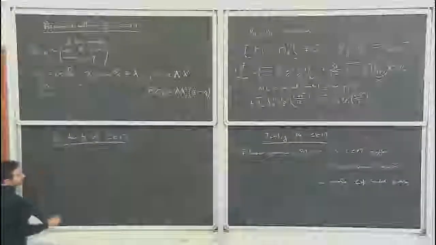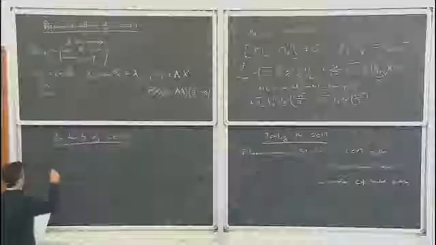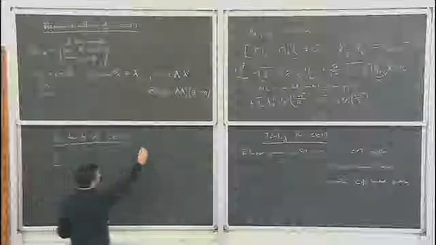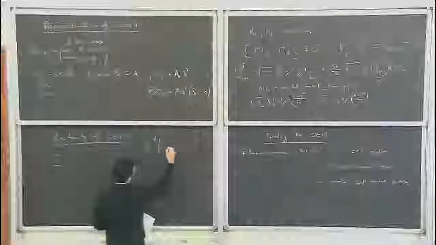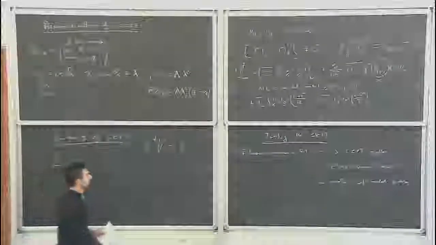In general, you can write unitarity constraints on the CKM by writing down the unitarity relation, V dagger V is 1 or V V dagger is 1, the identity matrix.